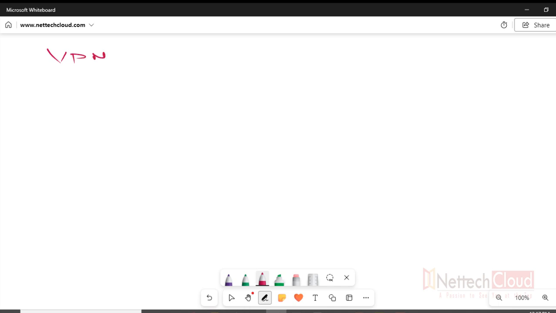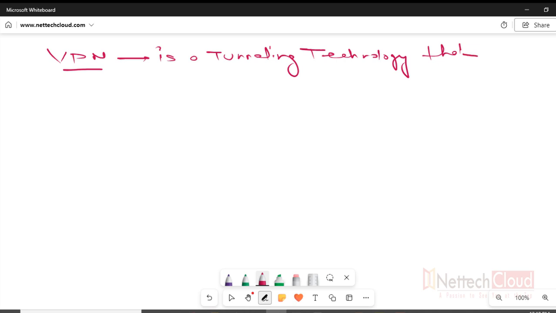VPN, or virtual private network, is a tunneling technology that extends private networks over shared network infrastructure.